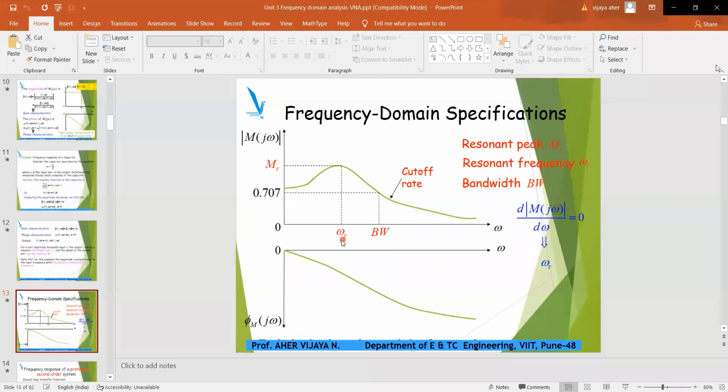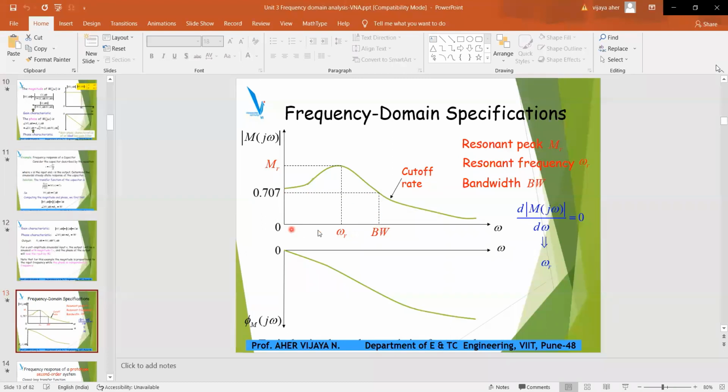Omega r is your resonant frequency, and from 0 to this point is your bandwidth. BW is bandwidth.